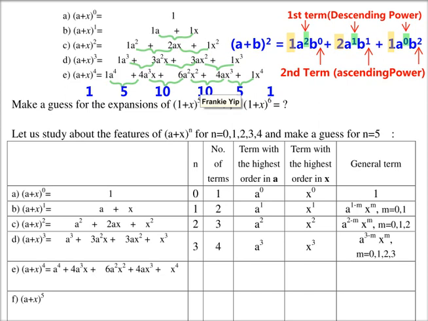So the first term is A here, in descending power. The maximum power is 2, so descending power is 2, 1, 0. But the second term is ascending power. The second term is B, with ascending power 0, 1, 2. Okay? Now we know about this structure first.